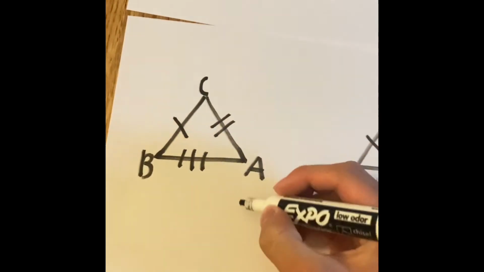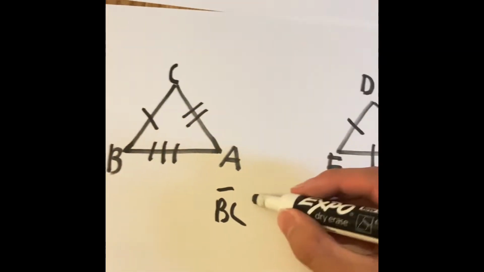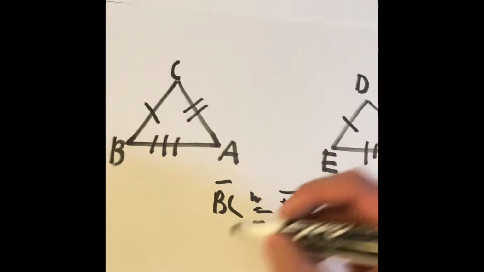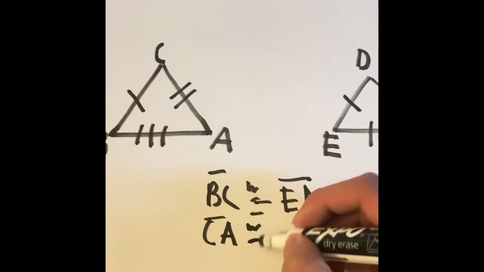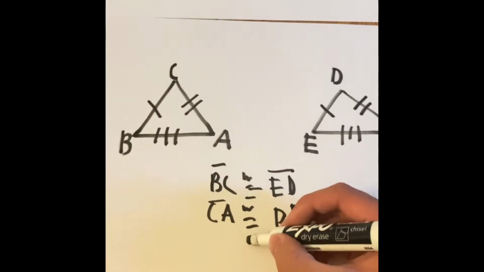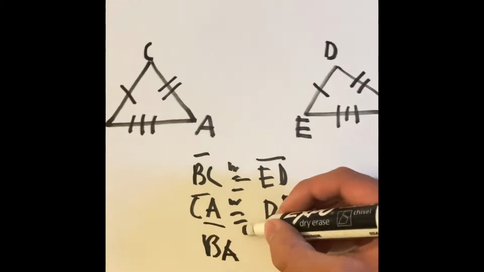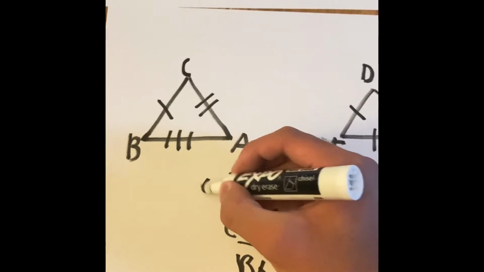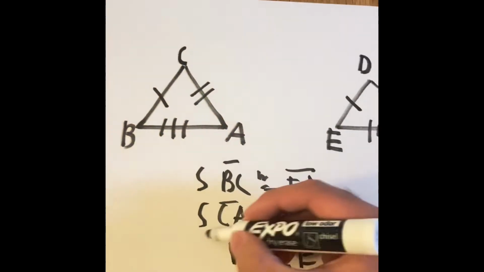Well, we can say that BC is going to be congruent with ED. CA is going to be congruent with DF. And finally, BA is going to be congruent with EF. That's a side, that is a side, and that is a side.